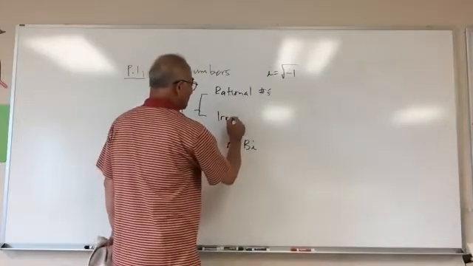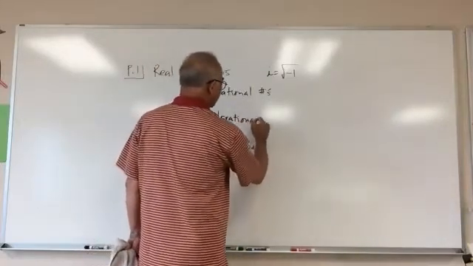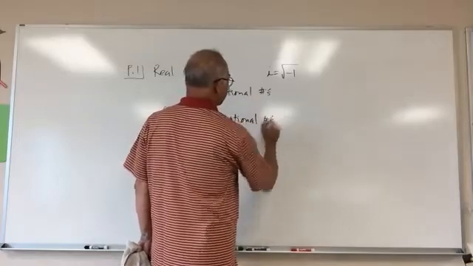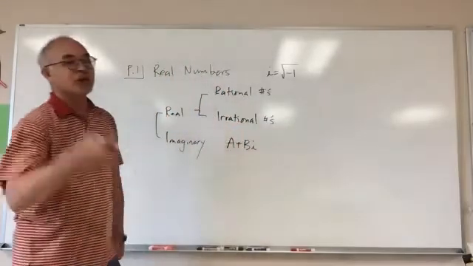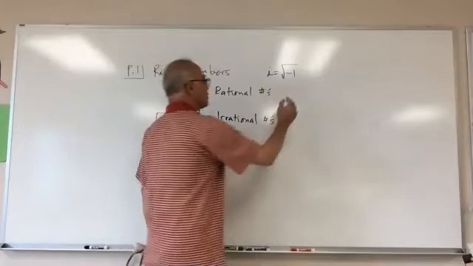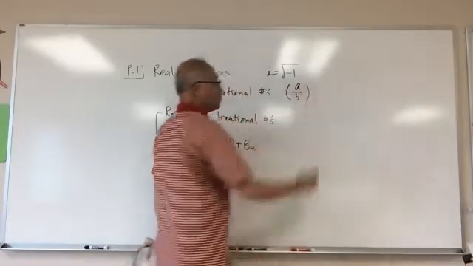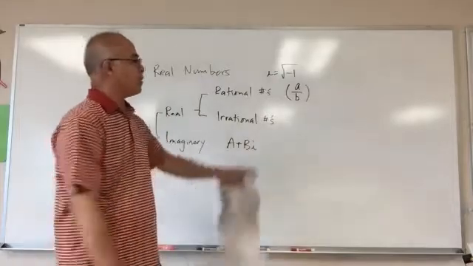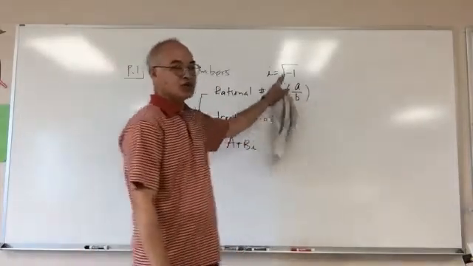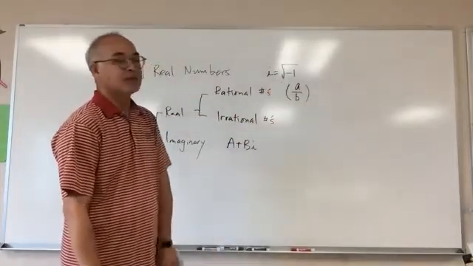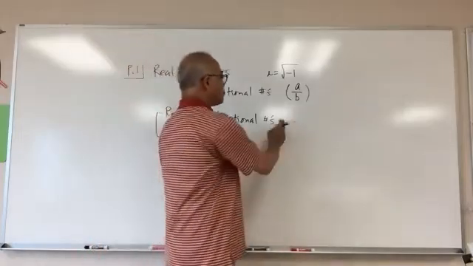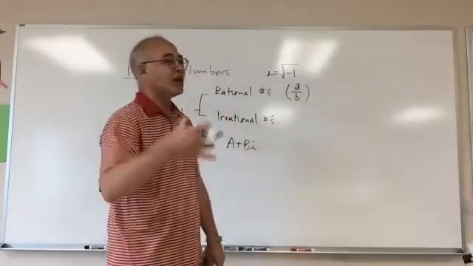Irrational, correct. Irrational numbers. A rational number is a number that can be put in the form of a over b, where a and b are integers. An irrational number is a number that you cannot do that with.